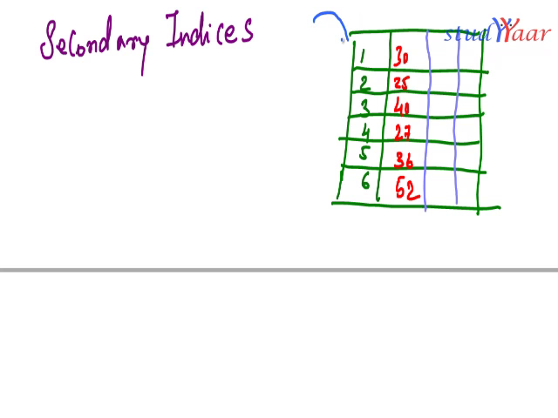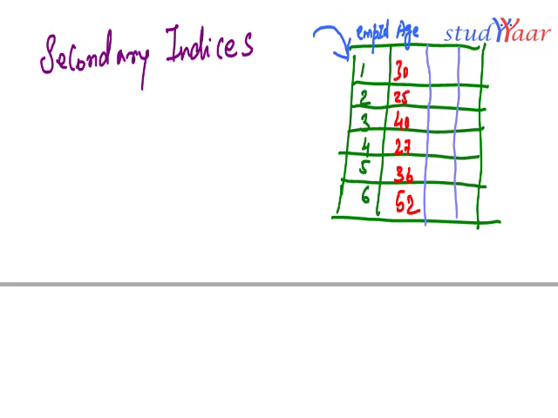I already told you, when I create an index on the basis of an attribute which is used to sequentially arrange the records, that index is called a primary index. So let's say this is employee ID. If I create an index using employee ID, that would be a primary index.